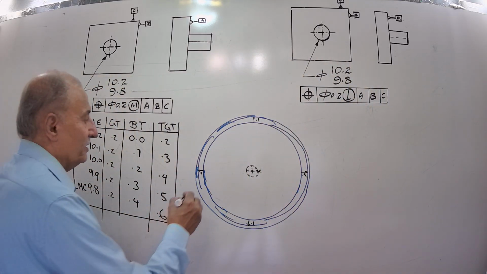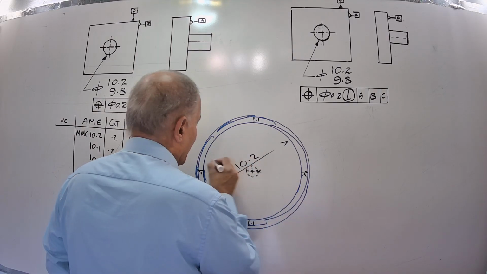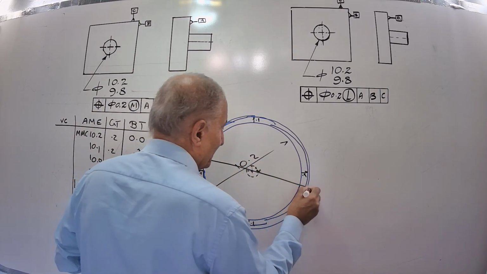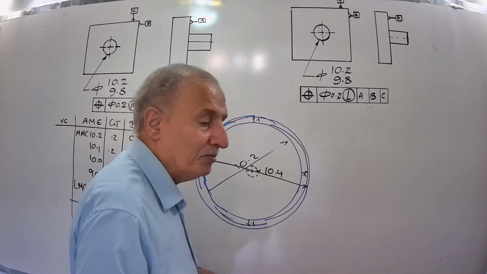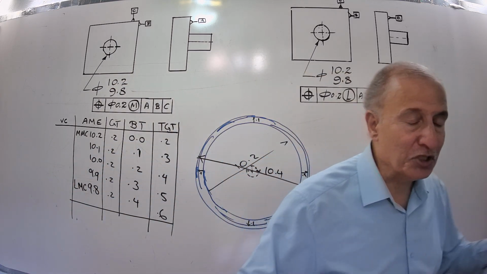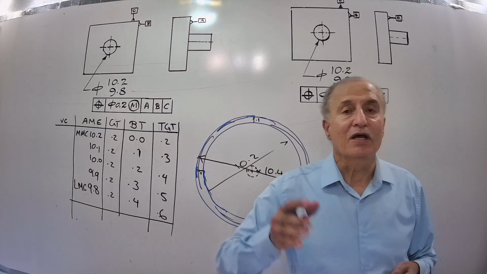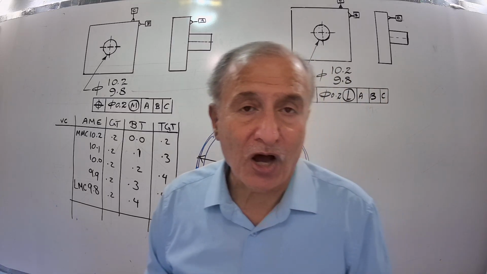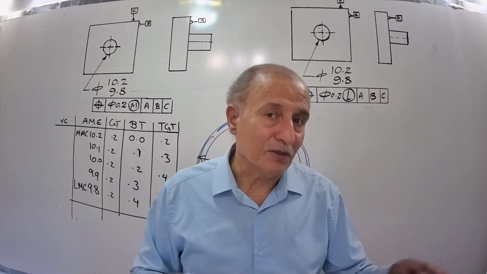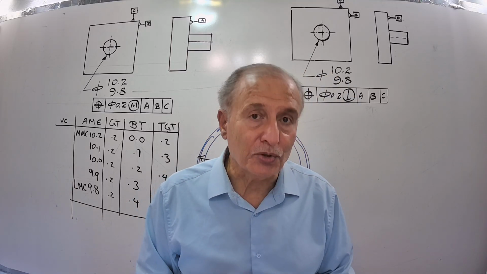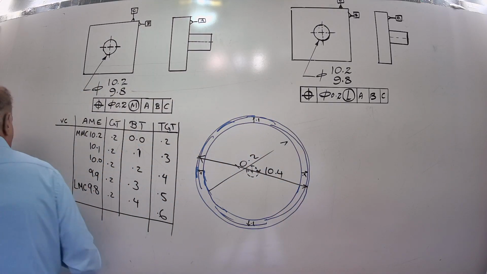The original is 10.2, and the smallest circle that encloses all possible circles, because the shaft can switch up and down, left and right in any direction, 0.1. Then in both directions it should be 0.2, and it added to 10.2, makes it 10.4.